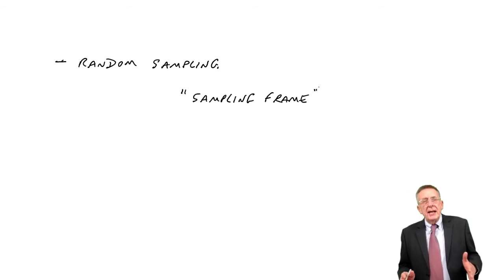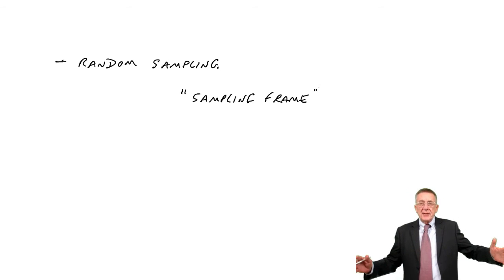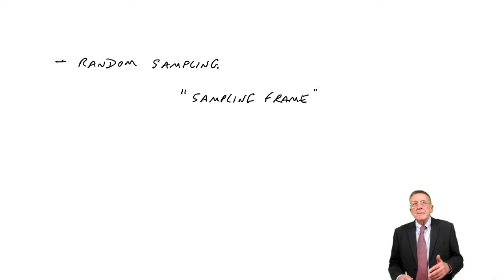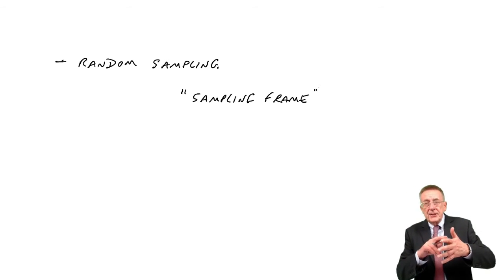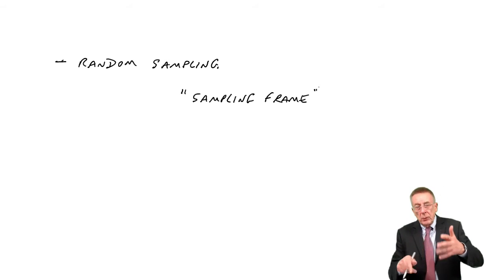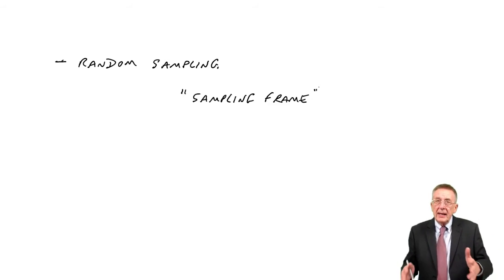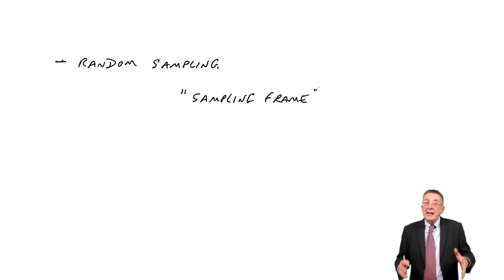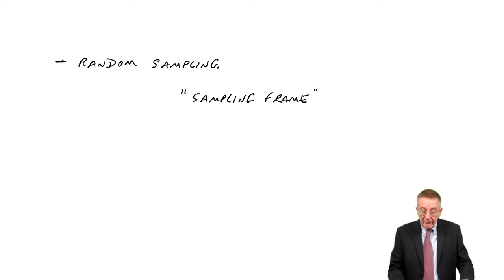What I mean there is, in my example a minute ago, I said with 10,000 customers, I want to pick 100 at random. Well, we'd have to give all 10,000 customers a number, number 1, number 2, number 3, number 4, and then pick 100. But we'd have to know, before we even started, how many customers there were.